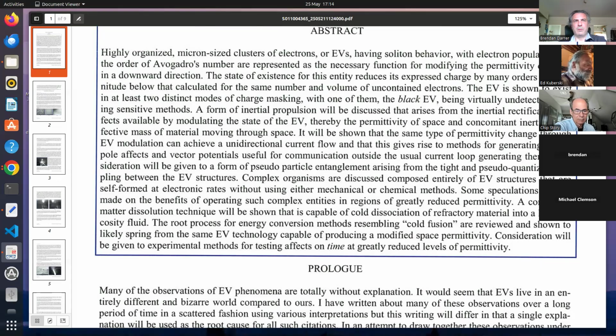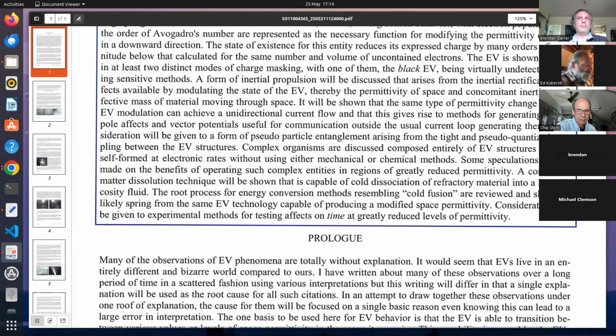Consideration must be given to a form of pseudo-particle entanglement arising from the tight and pseudo-quantized coupling between the EV structures. Complex organisms are composed entirely of EV structures that are self-formed electronically without using either mechanical or chemical methods. Some speculations will be made on the benefits of operating such complex entities in the regions of greatly reduced permittivity.